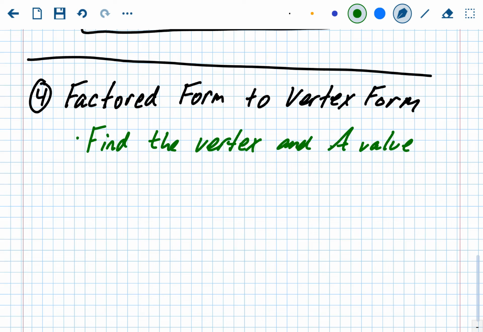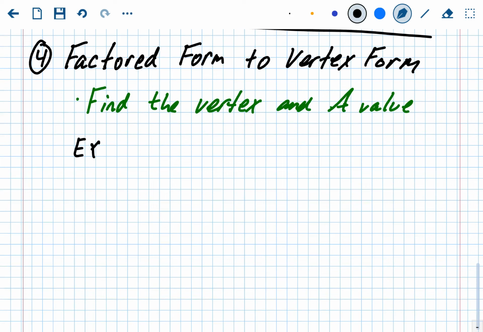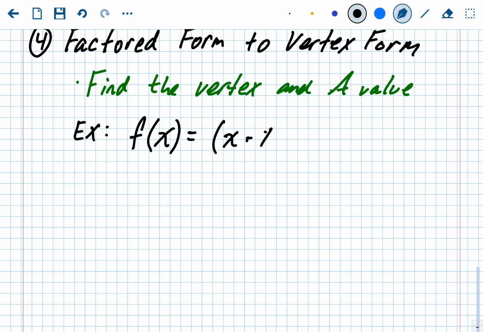And once again, you need to know the a value. All right, so let's do one. Let's say we have the factored form equation, f of x equals x minus 10 times x minus 6.